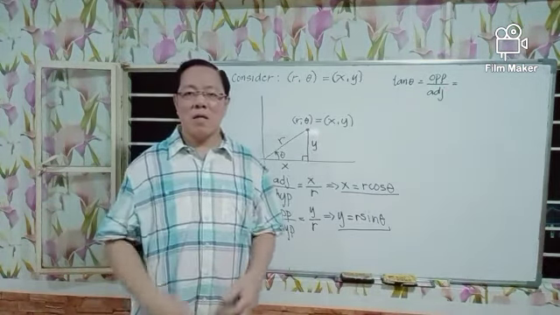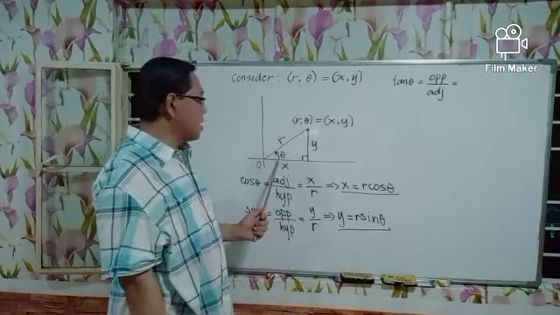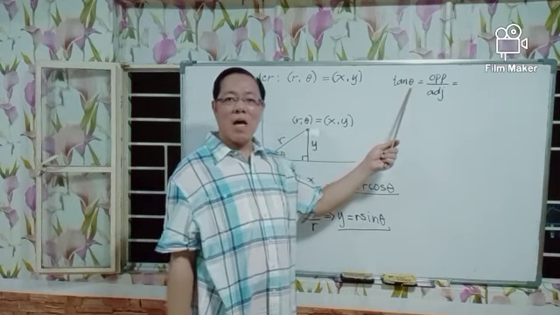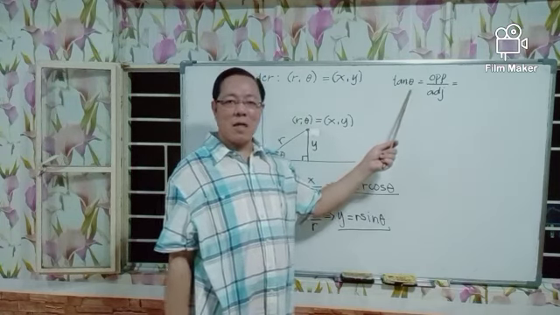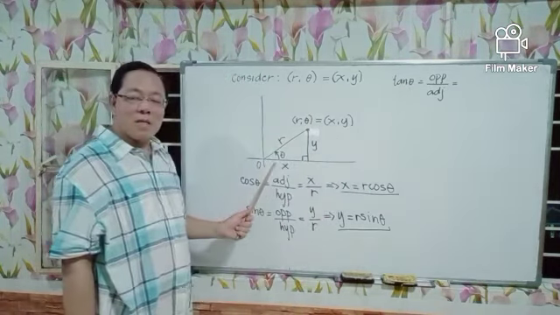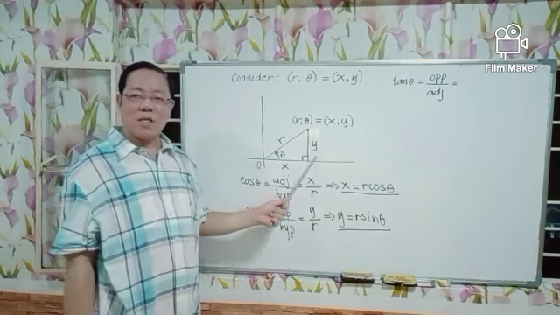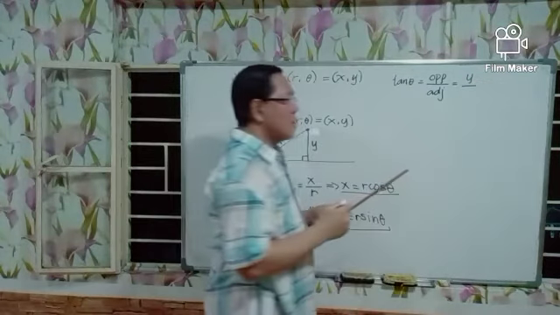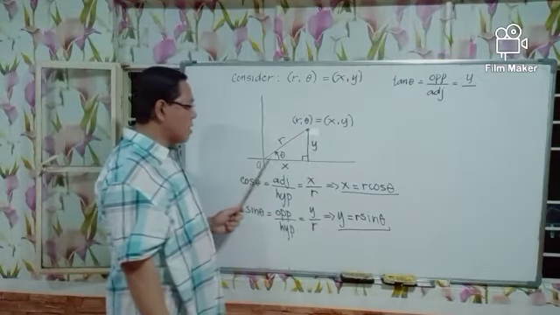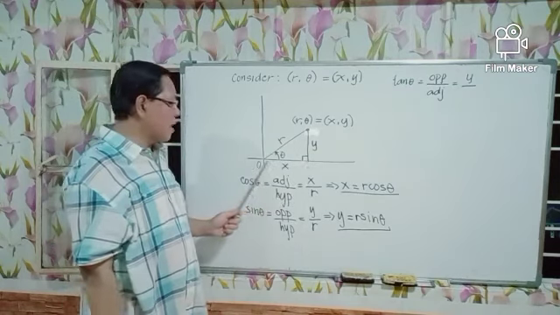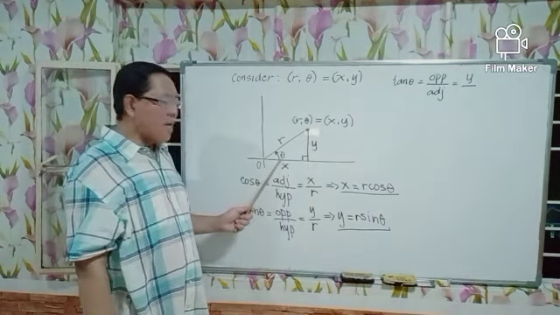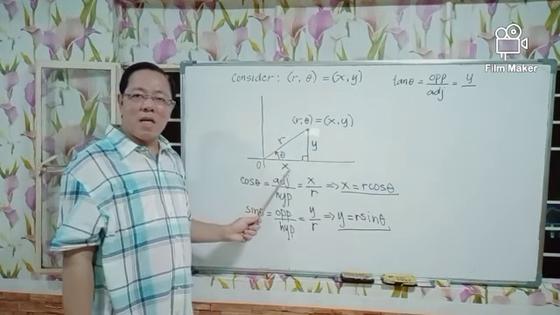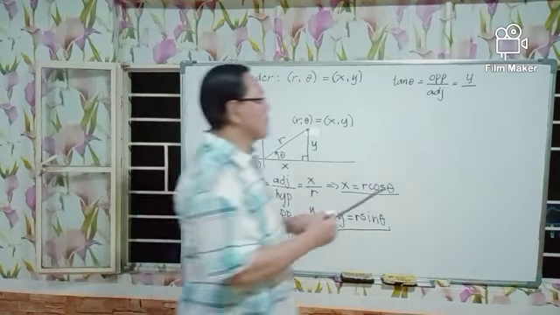The tangent of the acute angle theta of the right triangle is equal to the ratio of the side opposite the angle theta and the side adjacent to the angle theta. From the diagram, the side opposite the angle theta is y, divided by the side adjacent to the angle theta. The adjacent side is the side of the right triangle that makes the acute angle theta with the hypotenuse, and it has a length of x units.